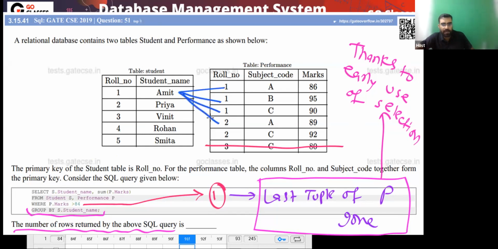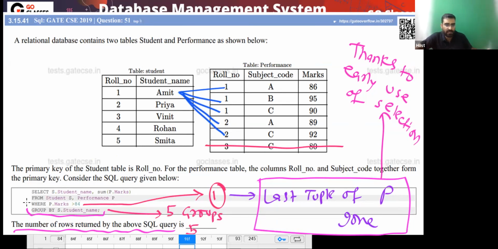So this pairing will happen. Same will happen with Priya, same with Vinith, Rohan, and Samita. So finally, 5 groups you will get, so 5 tuples. Is this clear? There is only one condition in the where clause.